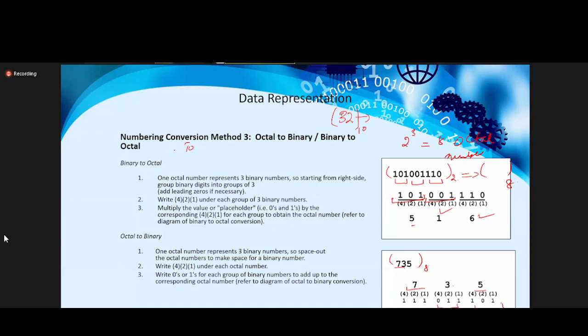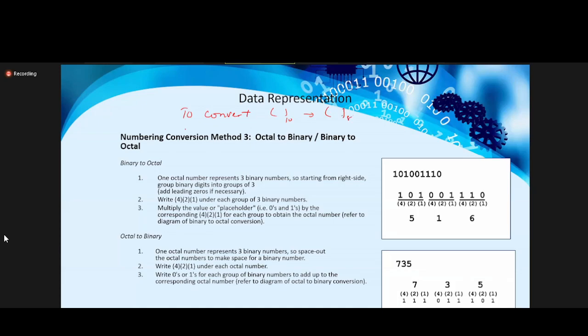One method is to convert base 10 to base 8.